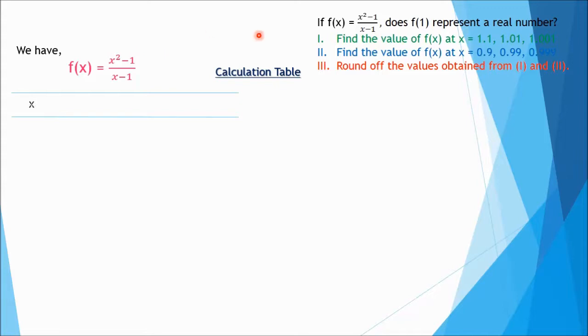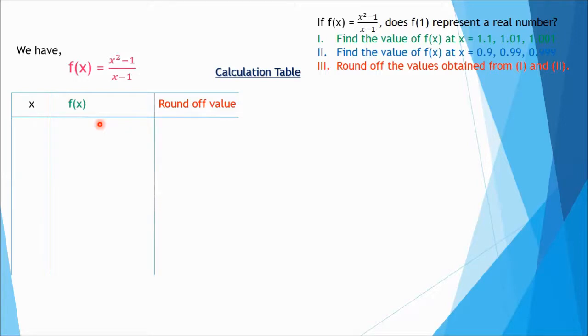This is for the first one, with x, f(x) and rounded value. Now this green is for the first, and we will do blue for another table.